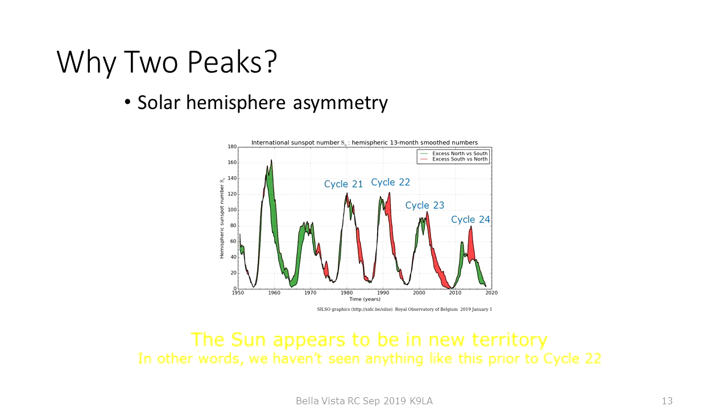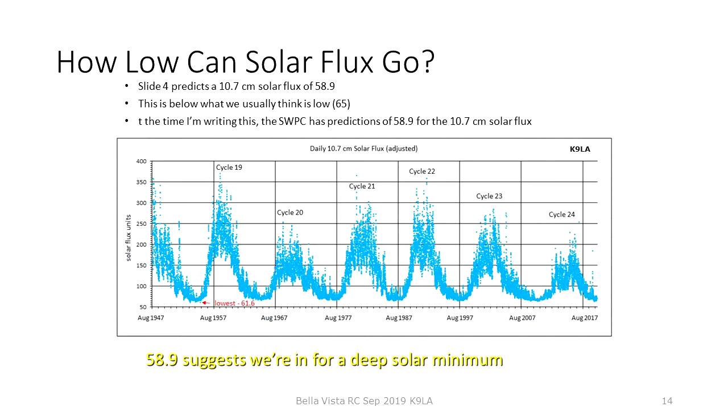So that prediction of 58.9 for the solar flux really raised some eyebrows, because most of us, I think, have grown up thinking that the lowest solar flux we'll ever see is about 65. So I got kind of interested. I downloaded the solar flux index from the Canadian people who take the data.